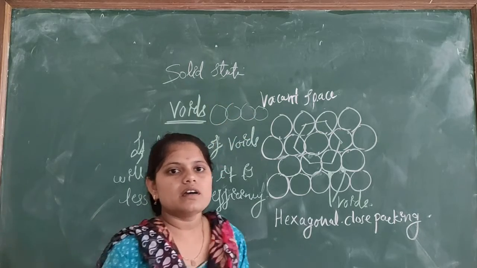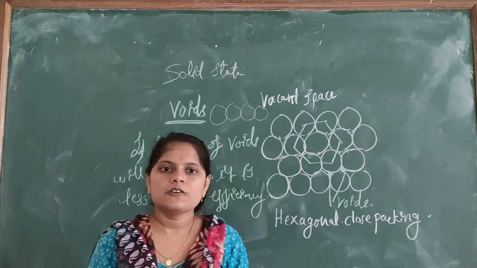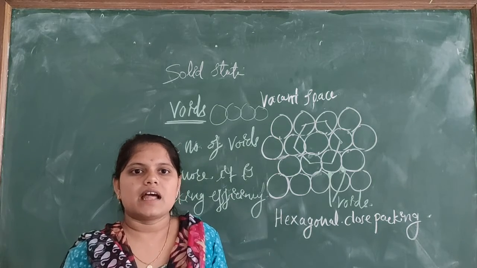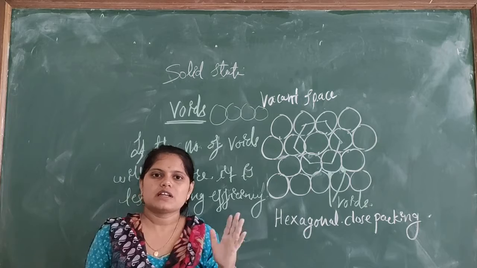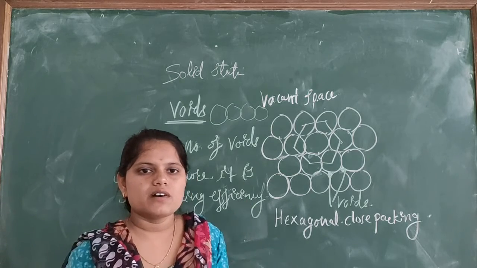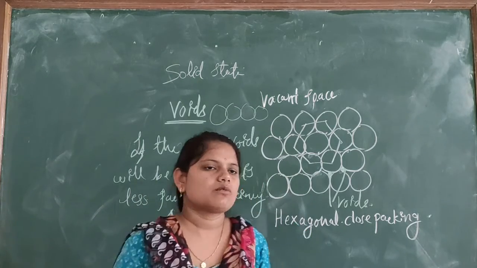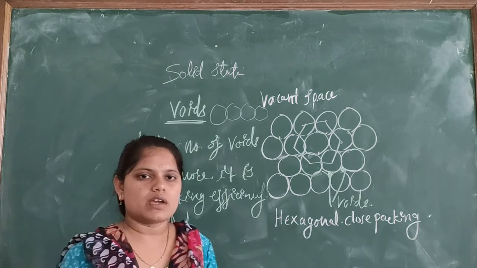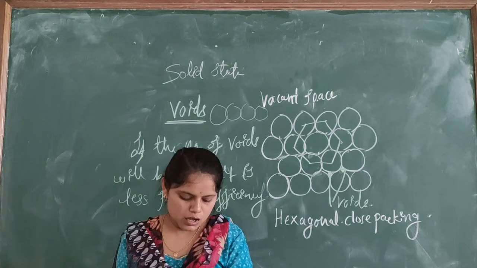Hence the coordination number will be 2. After that, the spherical atoms are arranged in two dimensions. It has two possibilities: first the square close packing and second the hexagonal close packing. I told about the square close packing and hexagonal close packing.